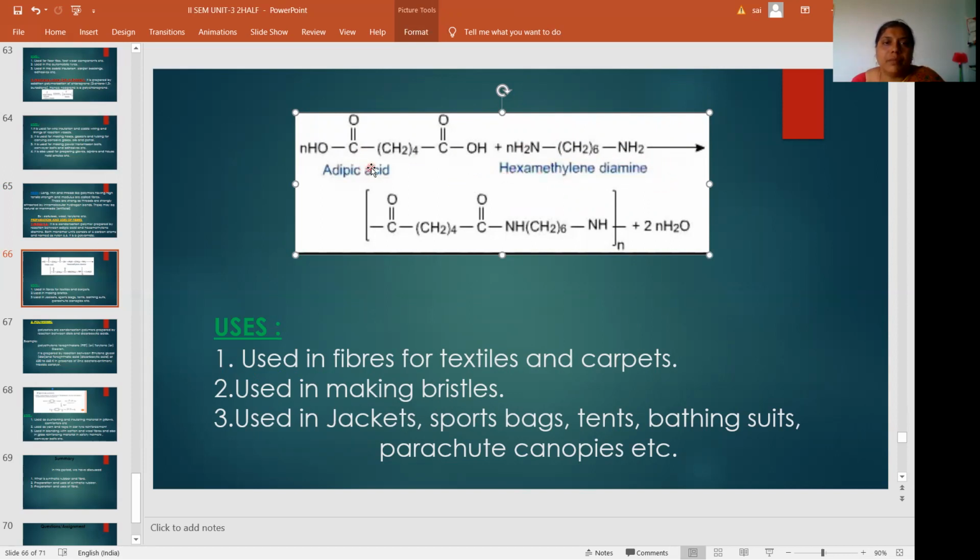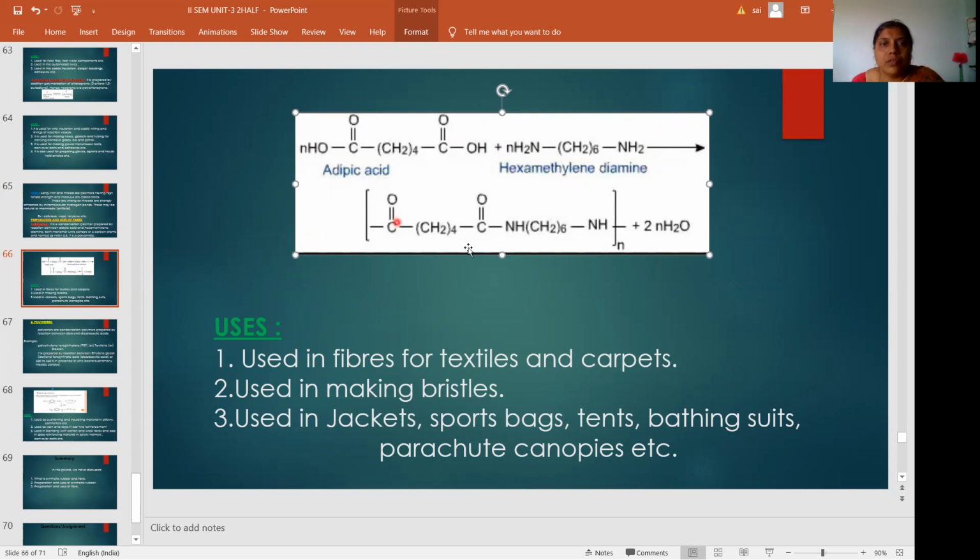Okay, n number of adipic acid and n number of hexamethylene diamine undergo which polymerization? Condensation polymerization. That means here a water molecule will be eliminated. So here OH from this side and H from the hexamethylene diamine side.